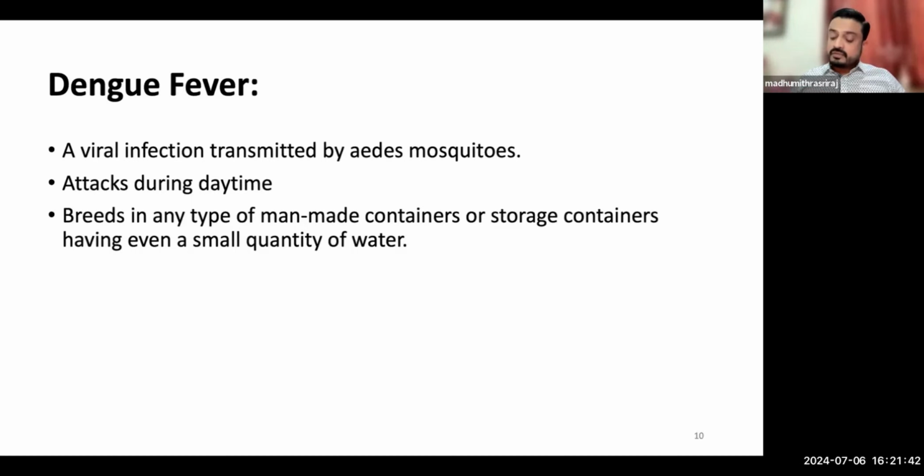For the first 3 to 4 days, there will be high grade fever spikes, and children will be weak, not active. They might come up with vomiting. They might come up with reduced urine output.